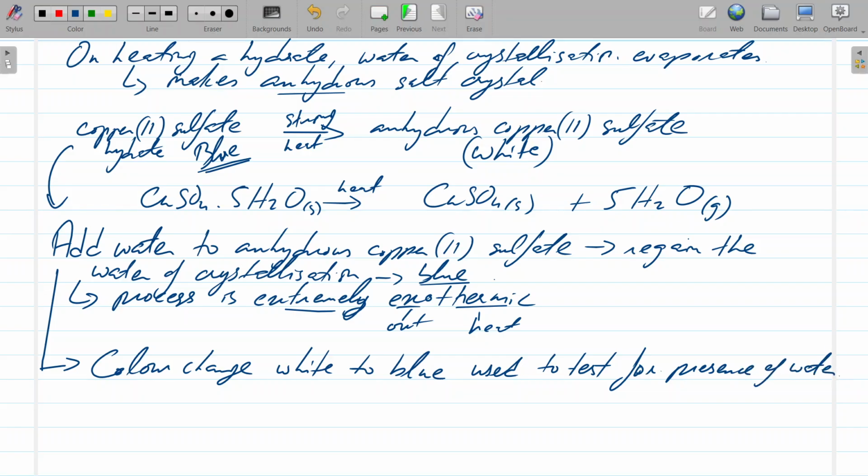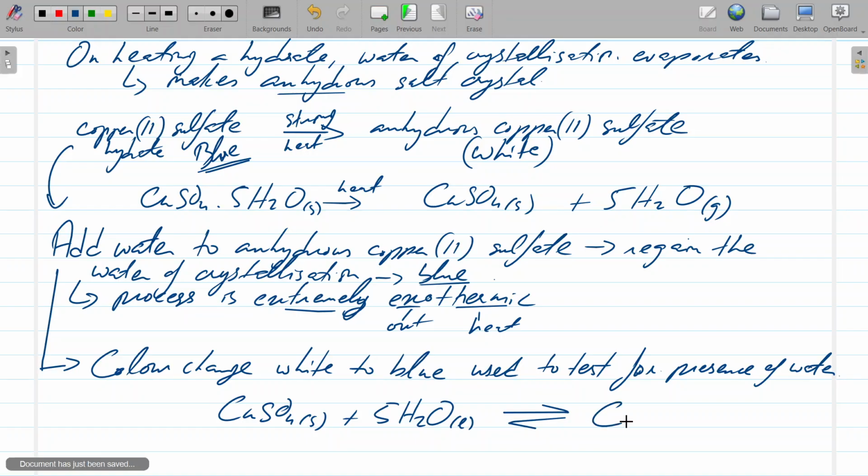And so this is what it looks like. You've got copper 2 sulfate plus water, and that's going to give you hydrated copper 2 sulfate, or copper 2 sulfate pentahydrate.